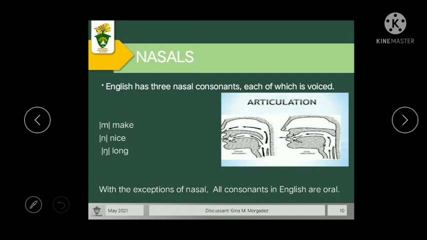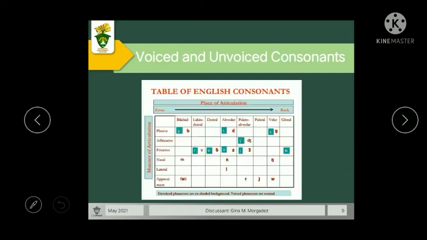So the difference between the nasals and plosives is that their manners of articulation are the same, except for the air. In these nasals, the air flows through the nasal cavity, but in the plosives, the air flows through the oral cavity. So with the exception of the nasals, all consonants in English are oral.